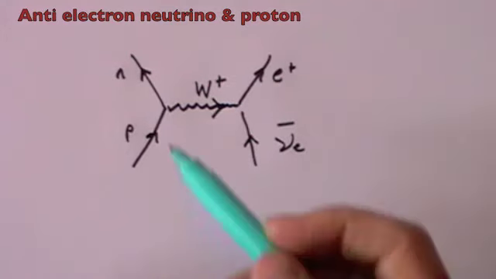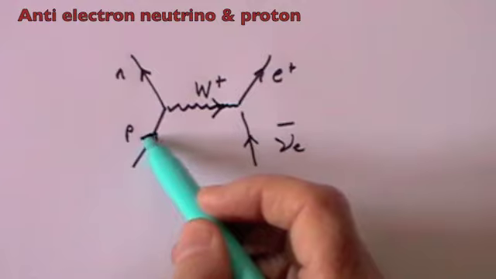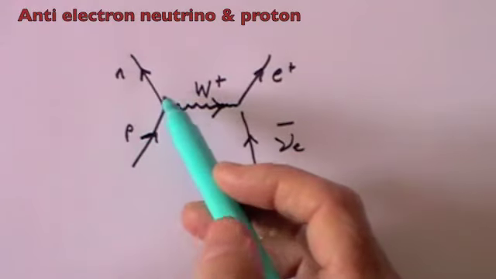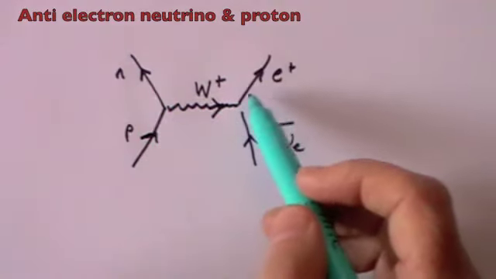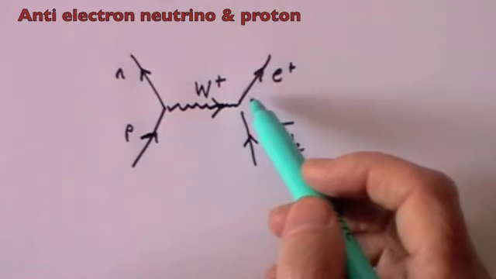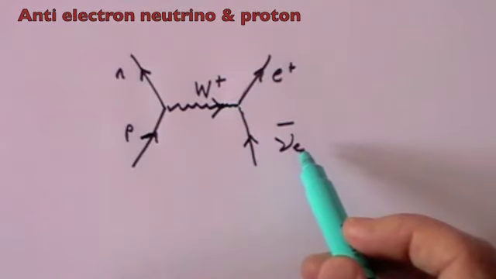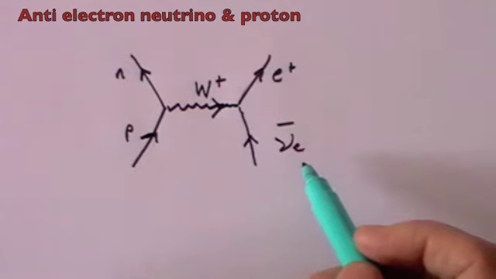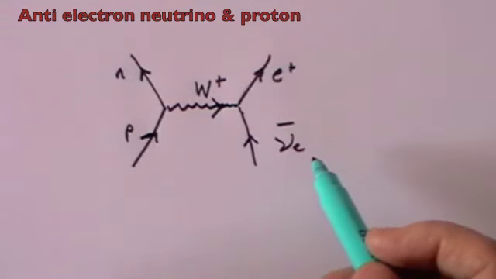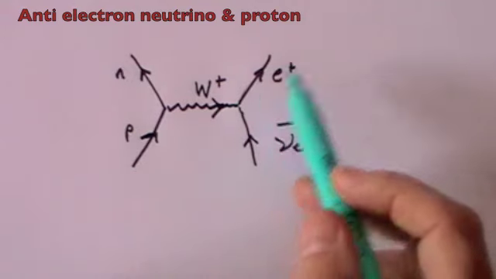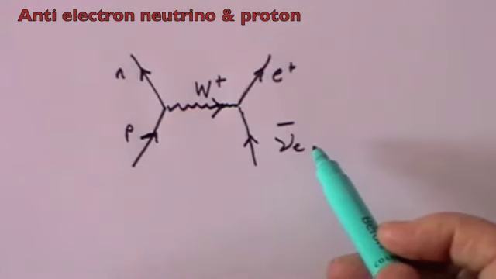Now what we've got to check is to make sure that charge is okay. So we've got a positive charge coming in. The neutron has no charge, but the positron has a positive charge. And of course the incoming antineutrino had no charge, so charge is okay. Leptons are okay. We've got a lepton coming in and an electron coming out, and they're both electron types.